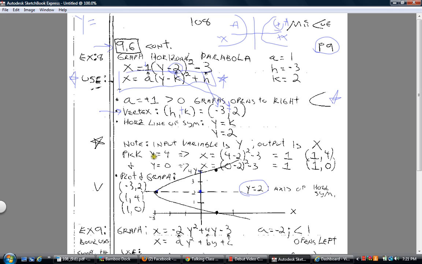You have to remember, y is your input. You picked 4, and the output was x equals 1. Did everybody see that? Input comma output. It just takes a little while to switch everything. I guess that's the best advice I can give you. So at 1 comma 4, there's your 1 point.